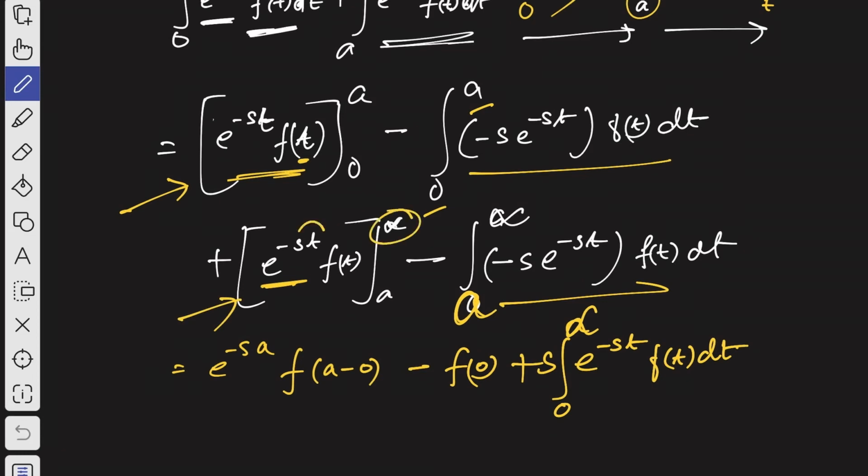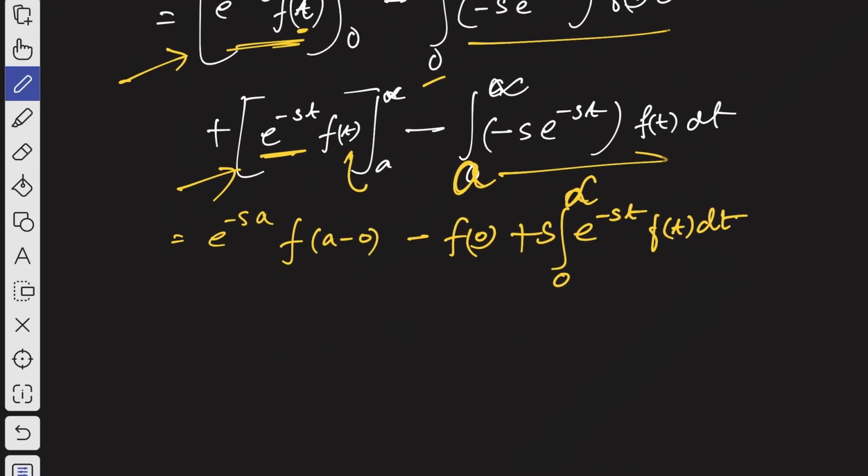So again, if you put infinity here, then it's going to be 0. If you put a here, then what you will get? On putting a, as it is the lower limit, minus, on putting infinity you will get 0, plus 0, on putting a, this lower limit, minus.